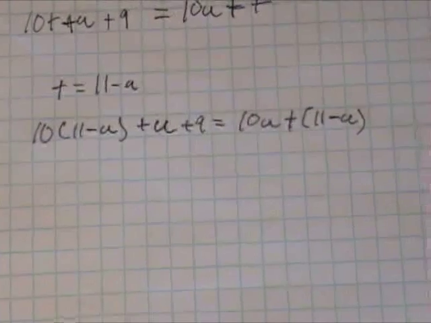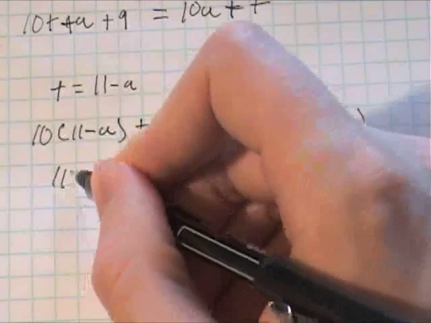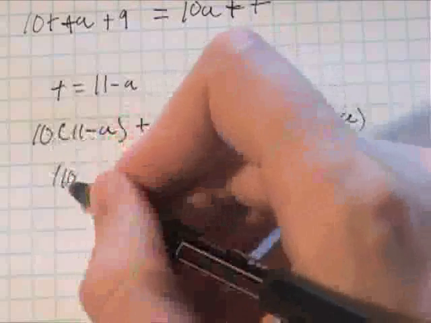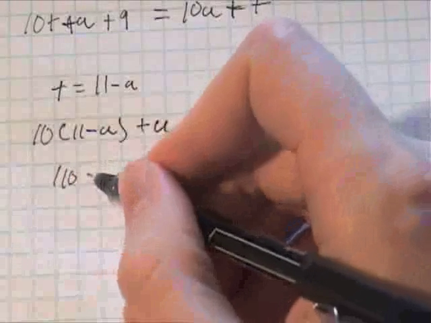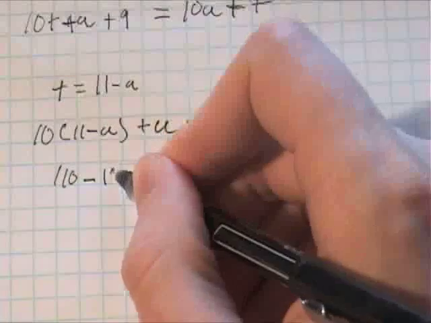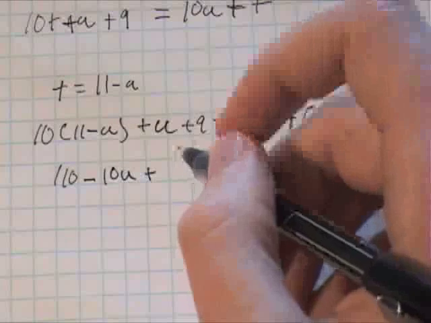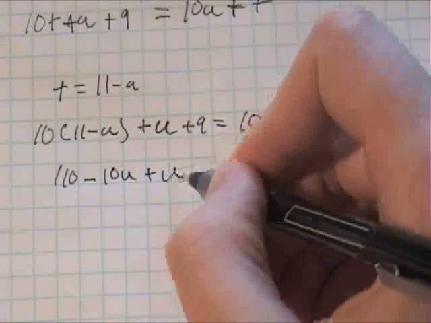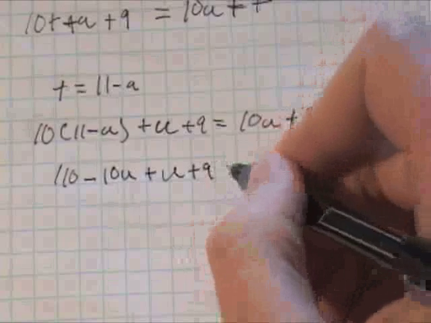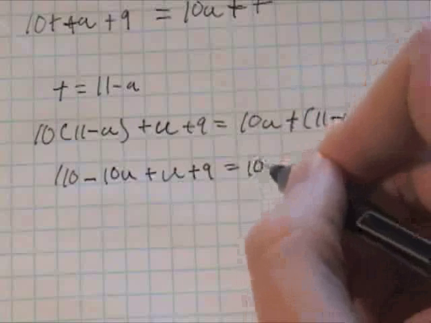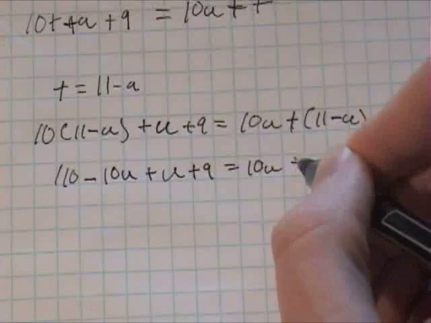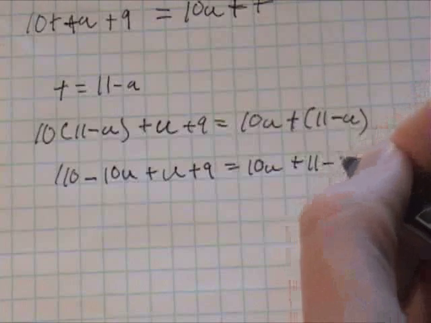All we need to do is distribute this 10. So it's going to be 110. That's what that 10 times 11 is. Minus 10u plus u plus 9 equals 10u plus 11 minus u.